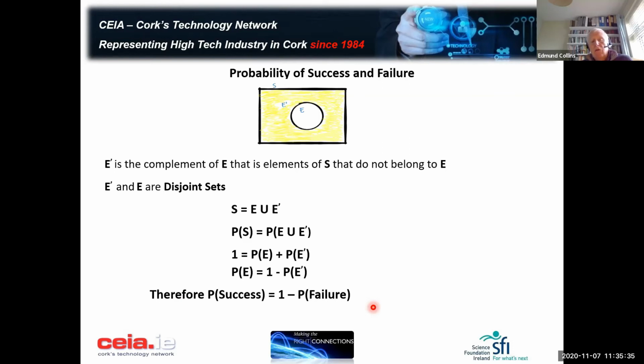If you calculate the probability of failure, then you take it away from 1 and you're left with the probability of success. And you'll see again, this comes up in one of the problems later on. We use this technique. So we use P(E) equals 1 minus P(E dashed), the complement of E. So a very important concept that will be used.